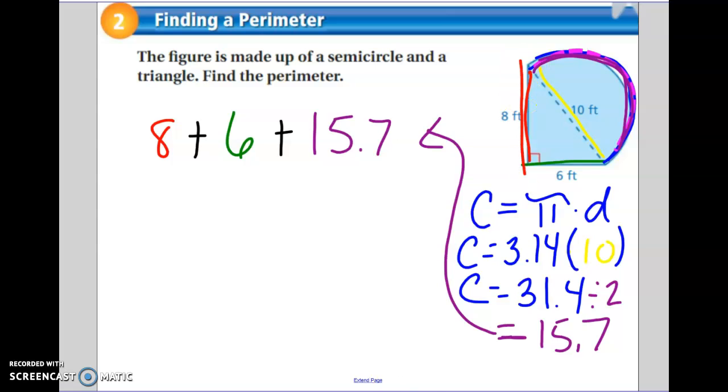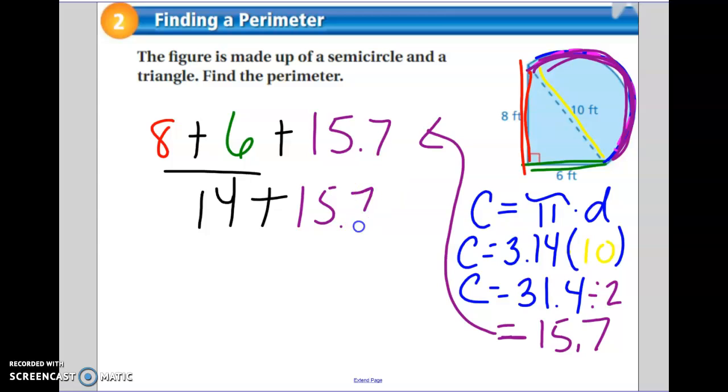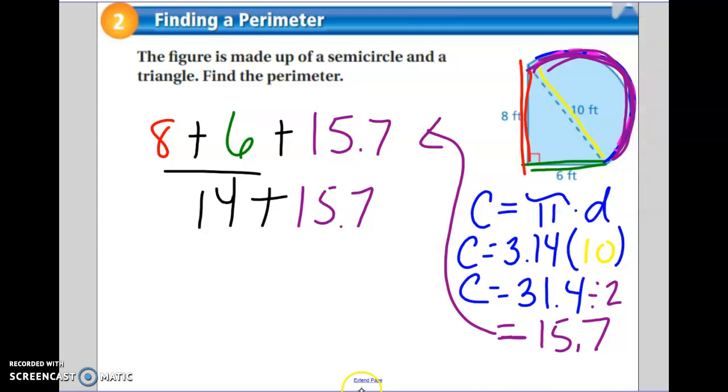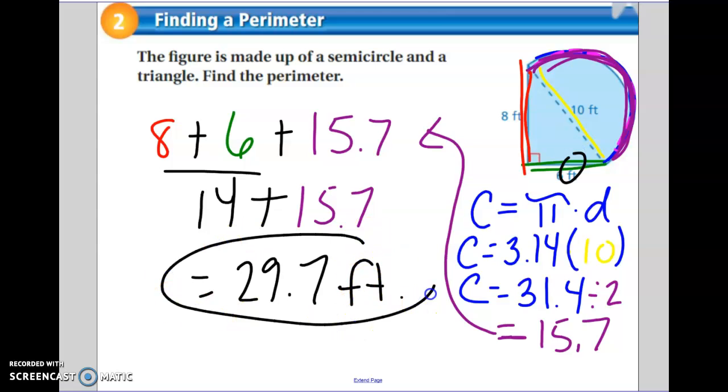So it's this outside piece, sorry about switching colors on you, and then plus this outside piece. And I know that 8 plus 6 is 14. I'm going to add that to the existing 15.7, which I already have on my calculator, so why don't I just go plus 14 equals 29.7. I'm going to go ahead and include my feet here, my units, and then your answer.